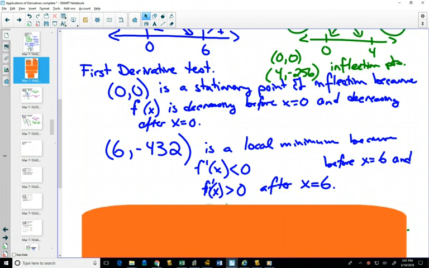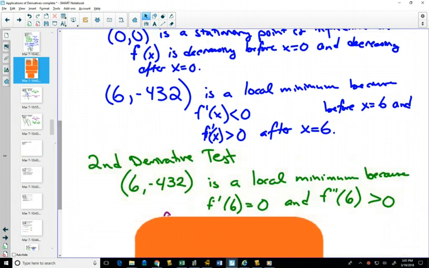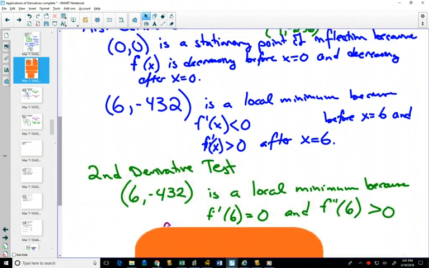Now, our second derivative test, you could tell with the second derivative test that 6, negative 432 is a local minimum because our first derivative is equal to 0 and our second derivative at 6 is bigger than 0.